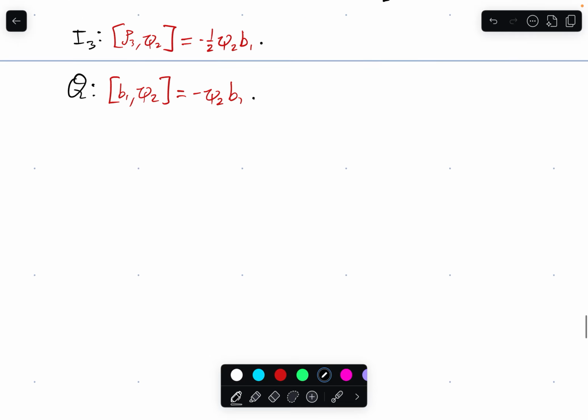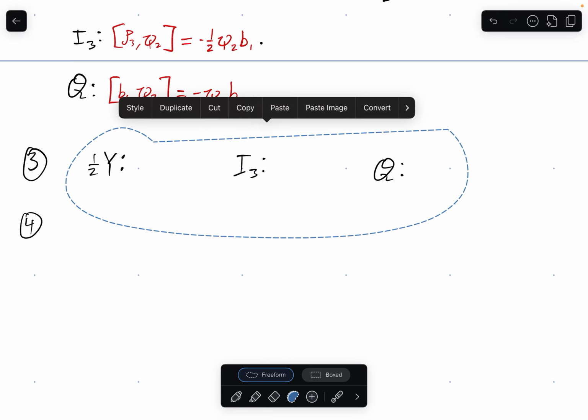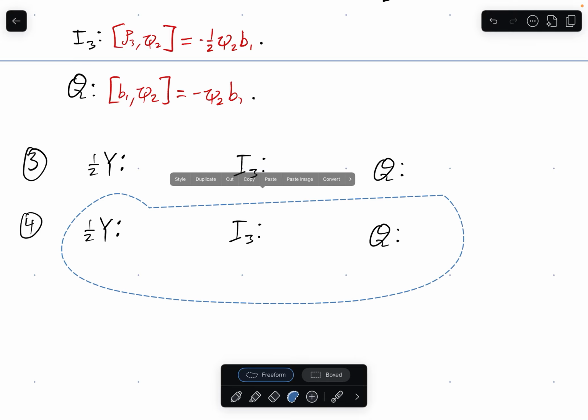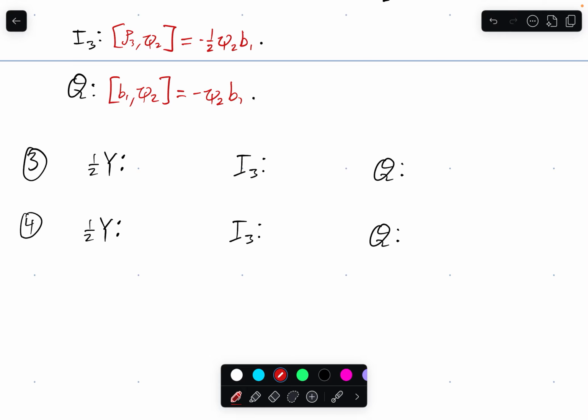And we can continue doing this for all the other cases. I'm going to just write them like so. If we compute the same values here, then we'll end up with a minus 1/2 C3 B1 here, a plus 1/2 C3 B1, and then a 0.